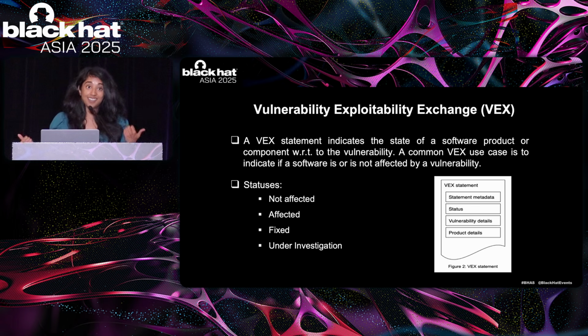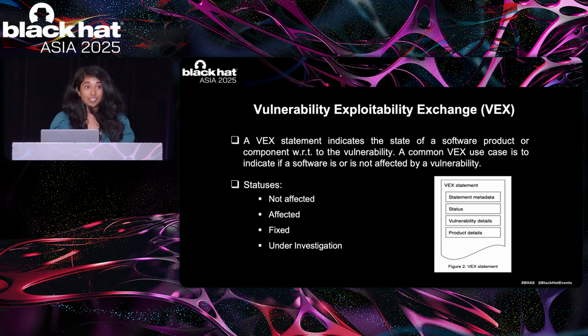So A, VEX is machine readable. And B, it complements well with the SBOM structure, in that we can embed VEX statements into existing SBOMs. And C, the whole idea of VEX is that we want to improve and support greater automation and standardize vulnerability discovery and how we communicate that information.